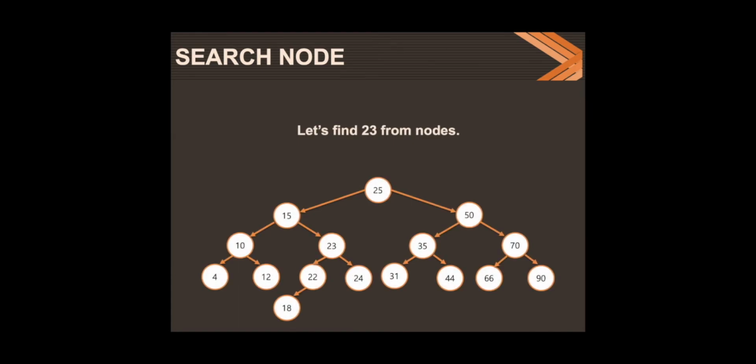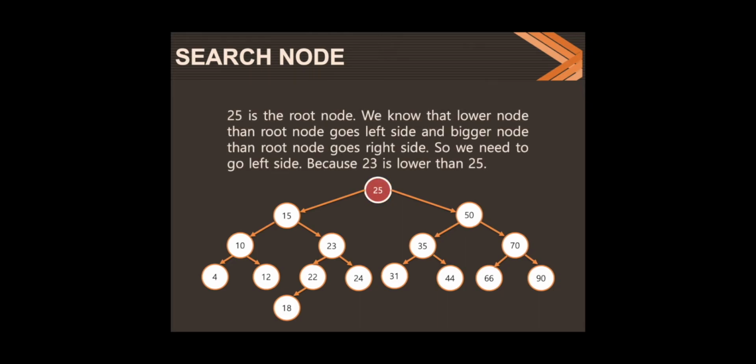Let's find 23 from nodes. 25 is the root node. We know that a lower node than the root node goes left side and a bigger node than the root node goes right side.